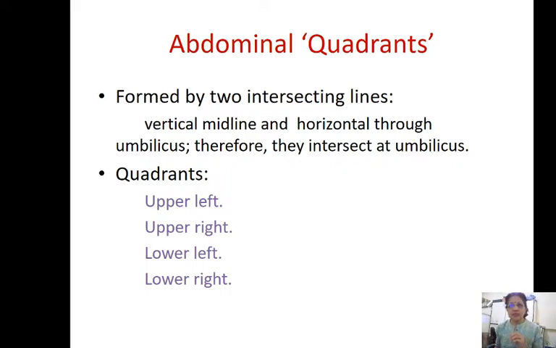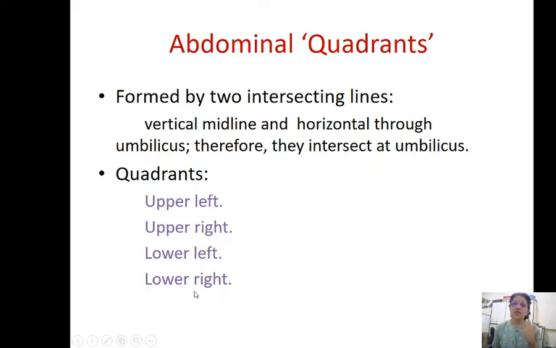So earlier it was common to think in terms of quadrants, that entire anterior abdominal region with all its bony landmarks and skin features. We divided it into 4 zones depending on 2 intersecting lines. The lines are the vertical midline, which we saw, and the horizontal line through the umbilicus. They will intersect at the umbilicus, and it will divide that whole area into 4 quadrants. So there will be upper left, upper right, lower left, and lower right quadrants.